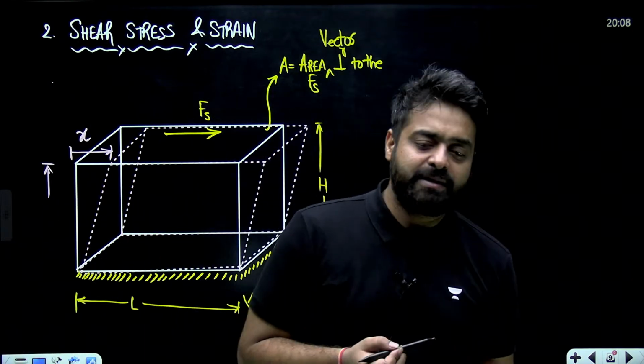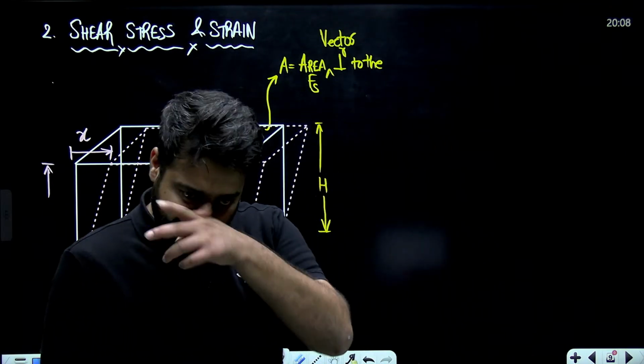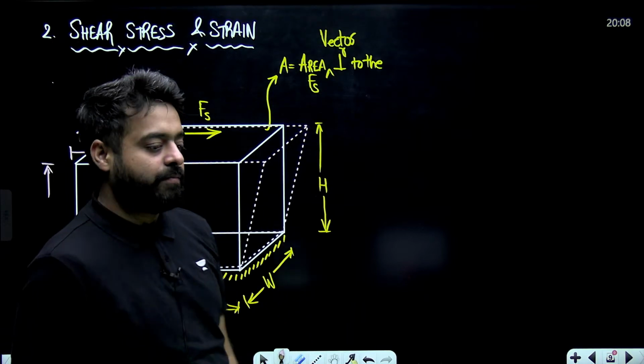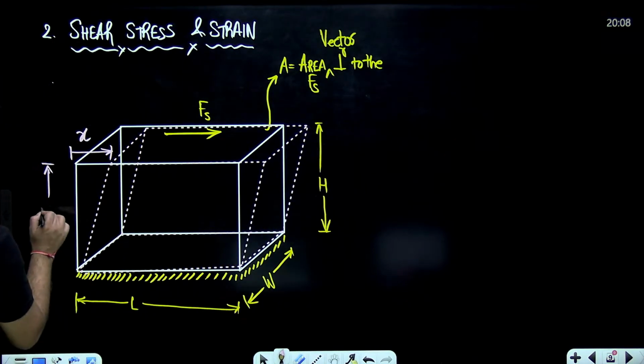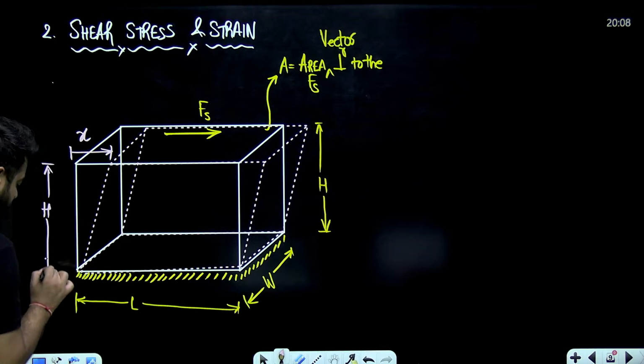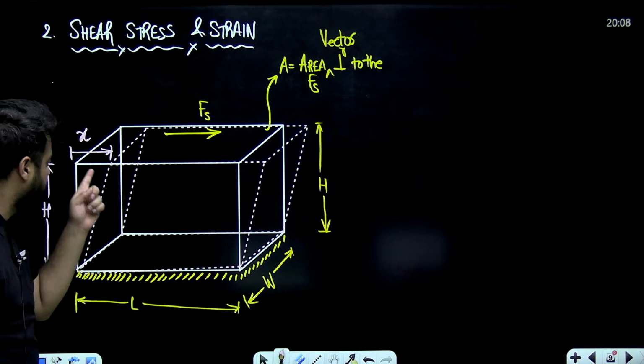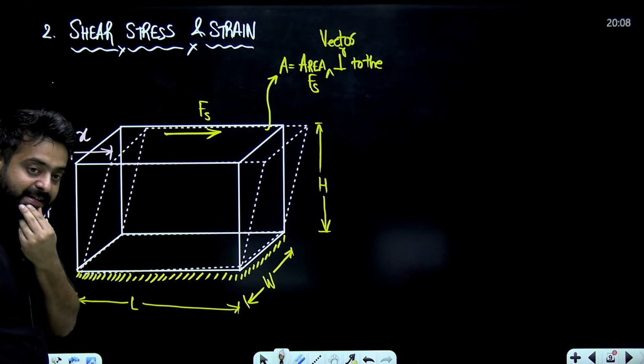It doesn't matter to me. But there is an original length, and it gets deformed by some value, that is the value of x.